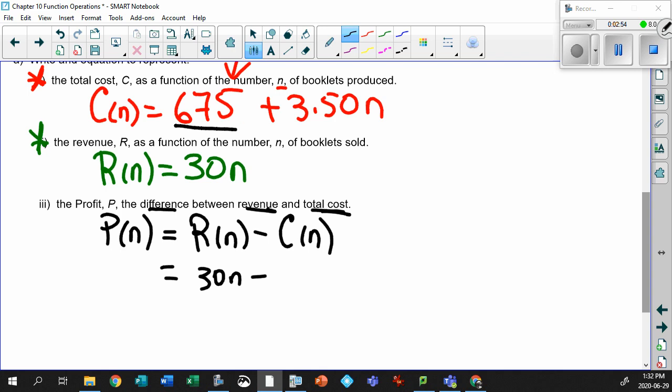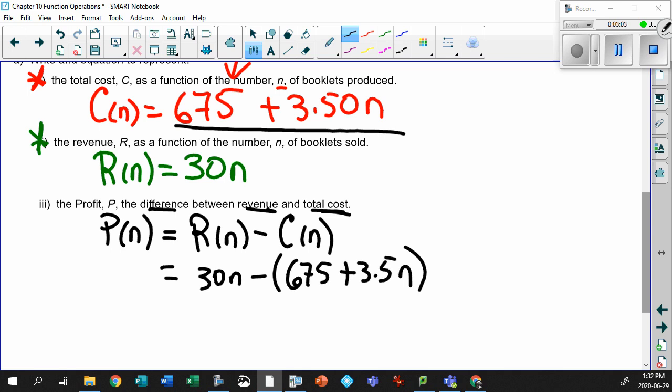Now the cost, since I'm subtracting, that's where I'm going to put the brackets. This is 675 plus 3.5N. Okay, don't forget, distribute the negative. So if you work this out, this works to be 30N minus 675. That's the $675 that you're in the hole.